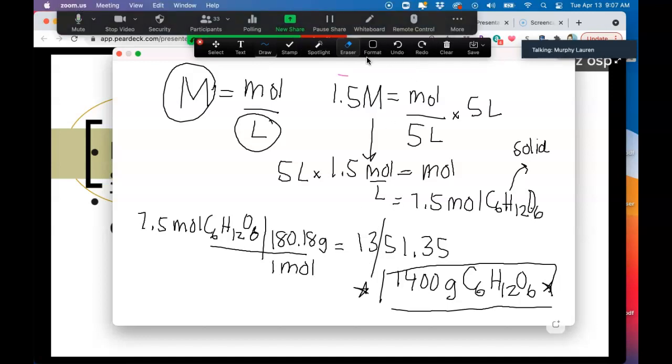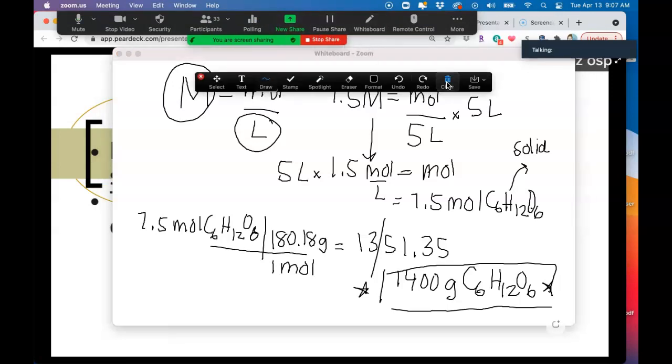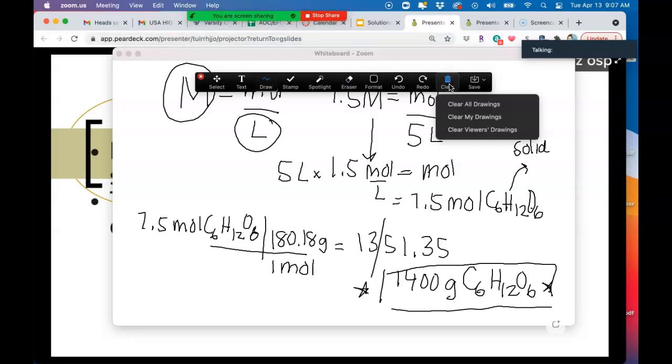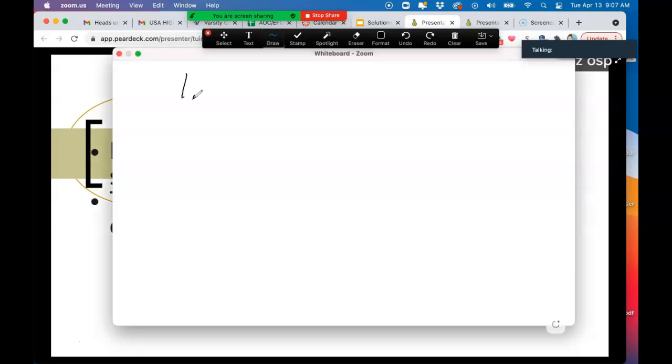So here we go. Step 1. Measure out 1,400 grams of glucose.